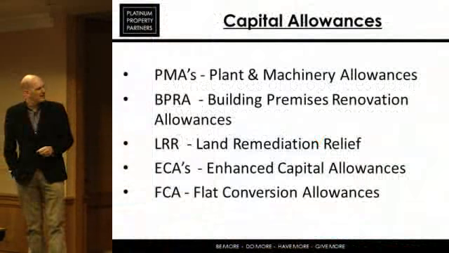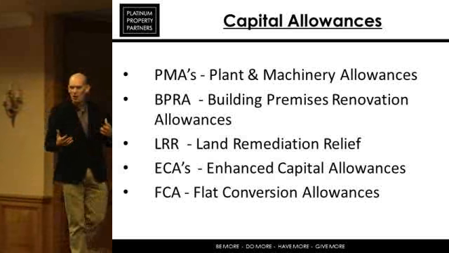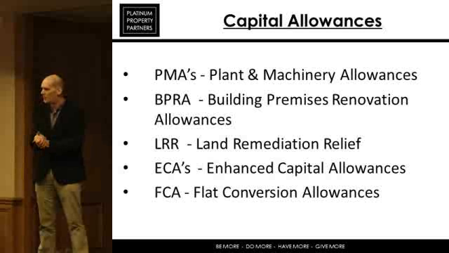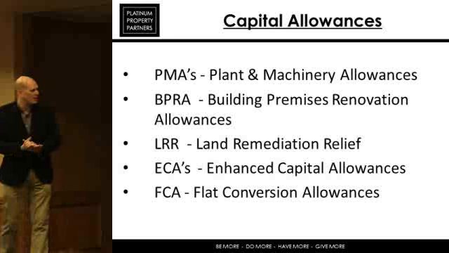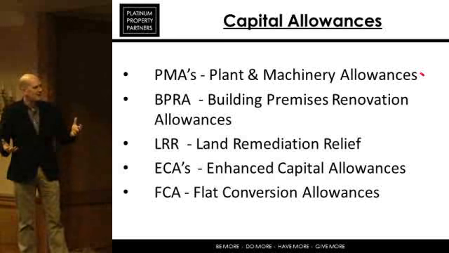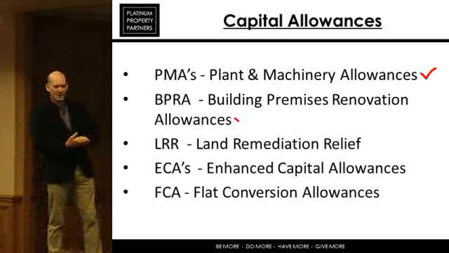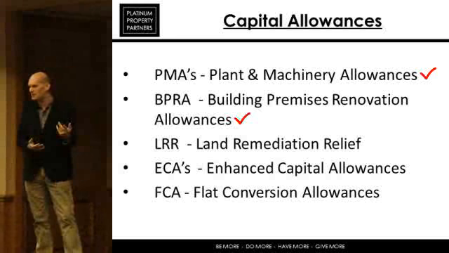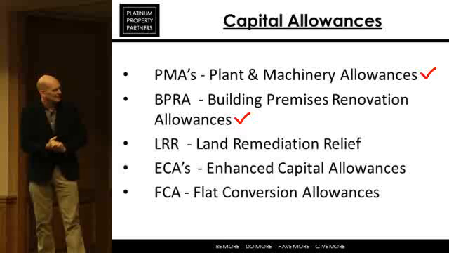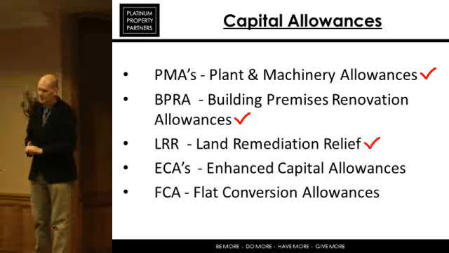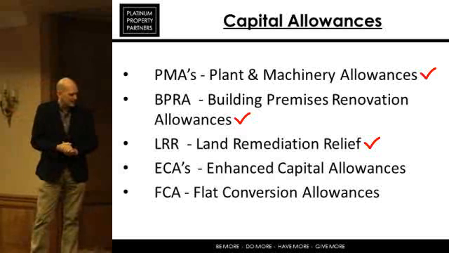So, capital allowances cover a whole host of very exciting tax reliefs. Who is excited by tax relief as much as me? Of course, I can tell you all are. So firstly, we're going to go over plant and machinery allowances. We're going to talk about building premises renovation allowance, BPRA. Just trips off the tongue, that one does. Land remediation relief, not as exciting as it actually sounds.